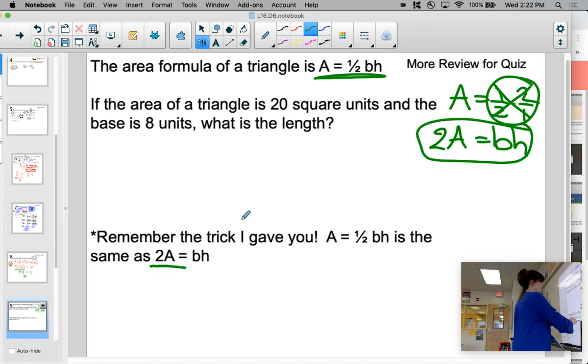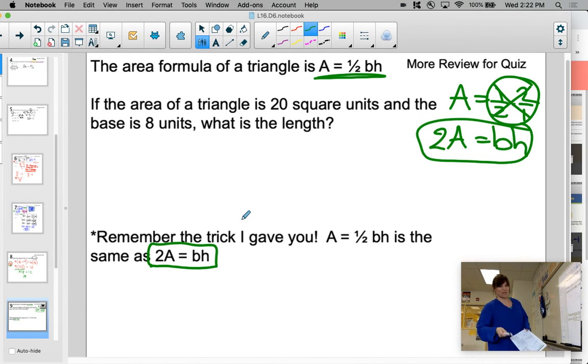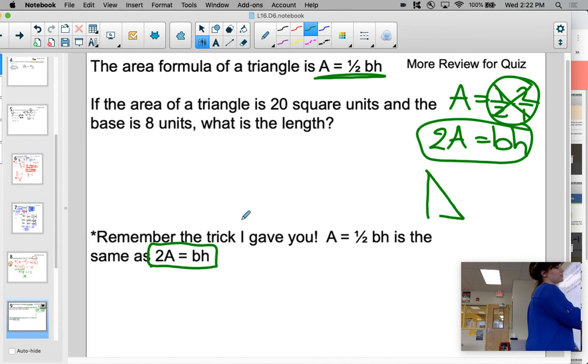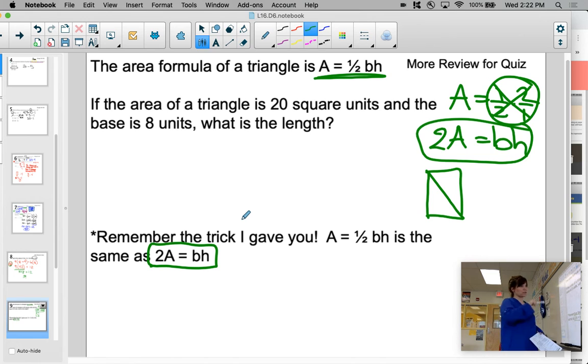Okay, so twice the area is equal to the base times the height, because of this concept that 2 triangles make a rectangle. That's why this works. So all we have to do when we're asked for a missing dimension is double the area.